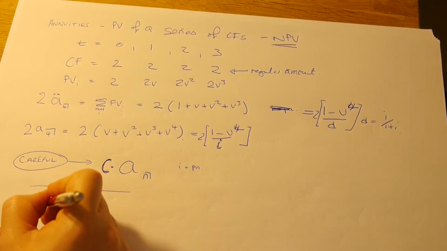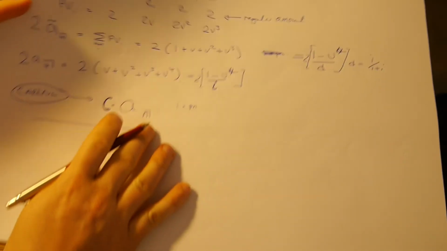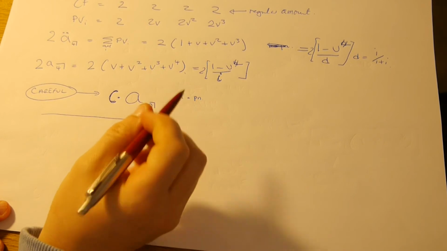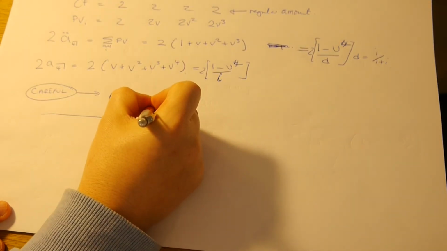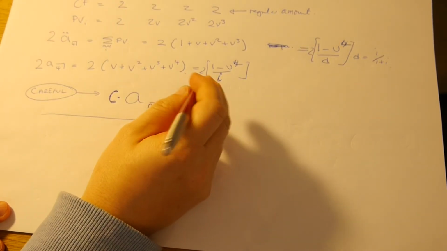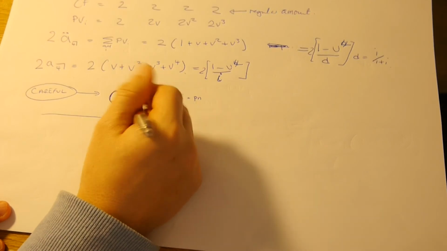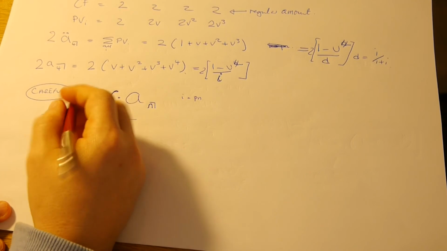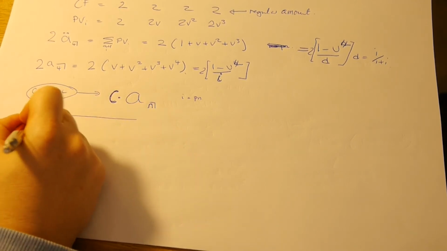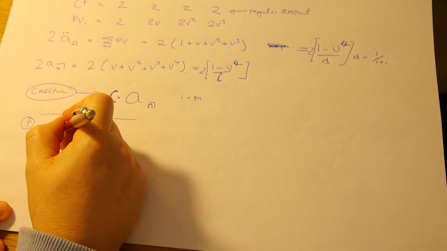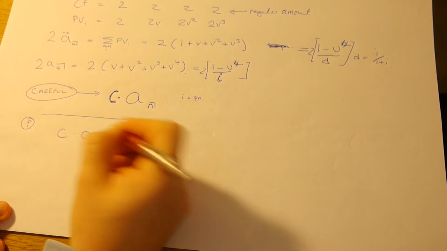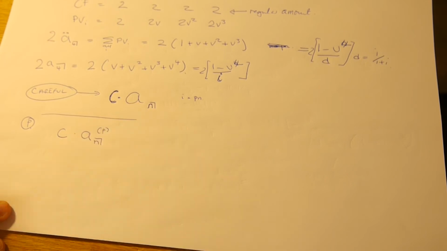We also have these annuities where the frequency is different from 1. So rather than one payment per period, it can be more or it can be less. We usually use p there for that, if you remember. So we can have c, and then we put the p in there.